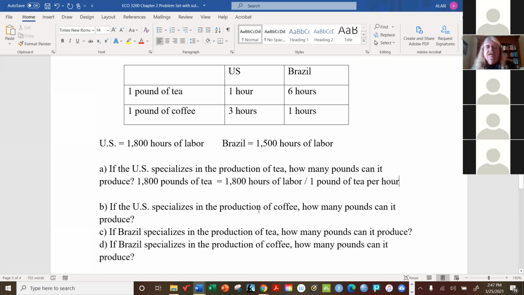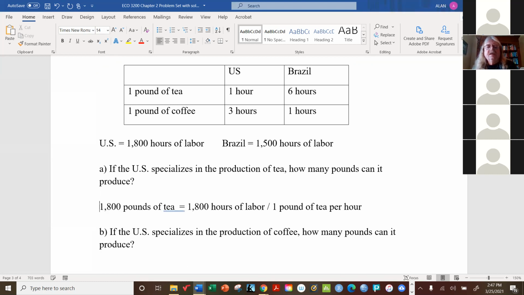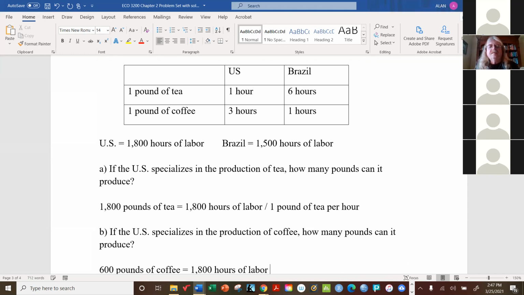Now for coffee, we're only going to be able to make 600 pounds of coffee. And why is that? It's 600 pounds of coffee because that's 1,800 hours of labor divided by 3. Let me just write this slightly differently: 1 hour of labor per pound of tea.